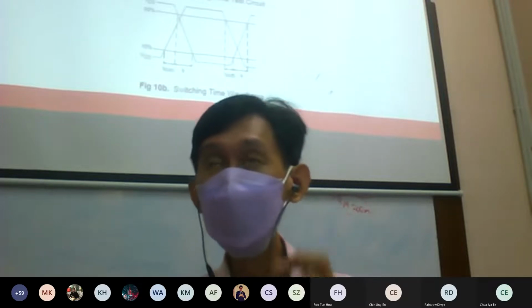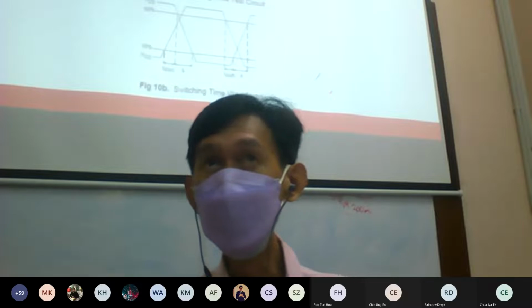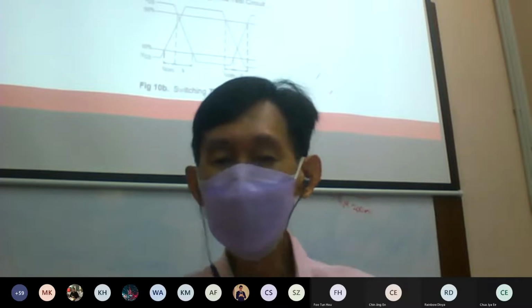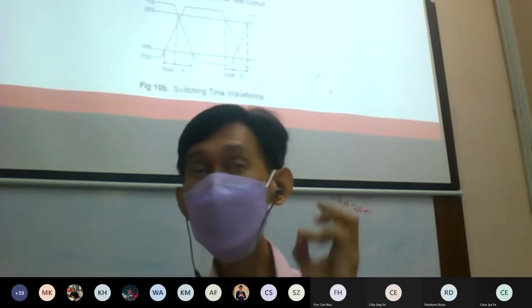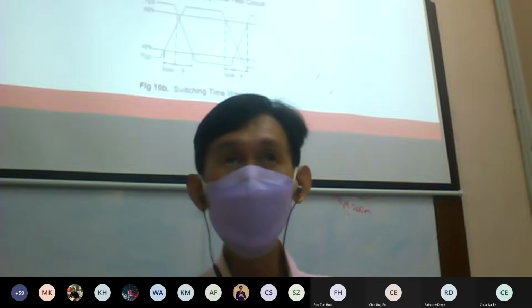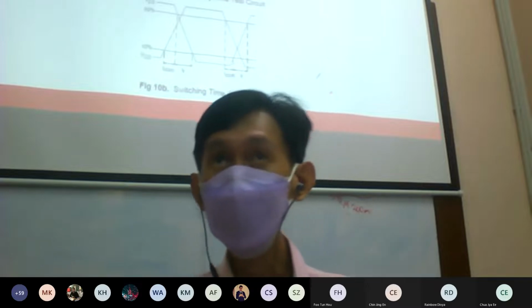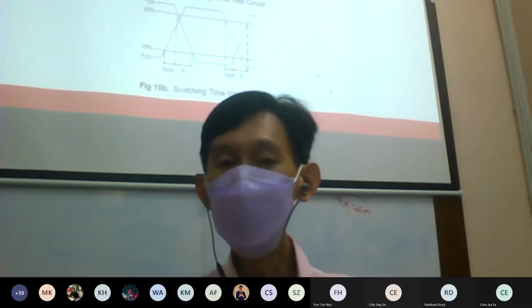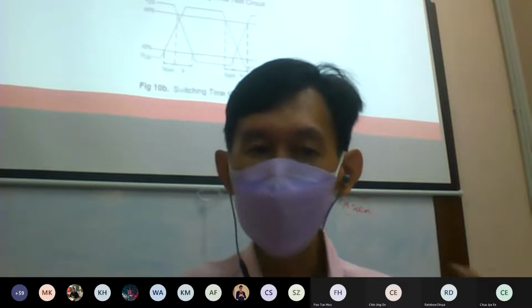It is even so important that you can find it in the data sheet. They actually tell you, if you use this transistor, what is my turn on delay time, what is my rise time, what is my fall time. So that means it's a very important parameter.